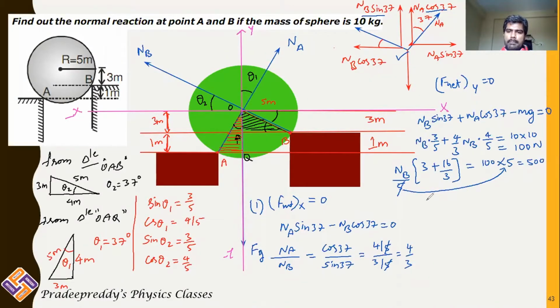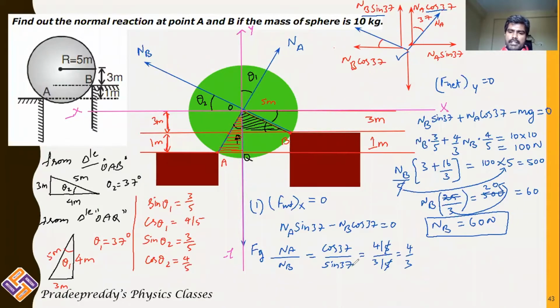Okay, so NB into 3 is 9, 9 plus 16 is 25, divided by 3 is equal to 500. 25 20s 500 and this 3 goes to the other side. This 3 multiplied with 20 gives you 60. Therefore, normal reaction NB is equal to 60 Newton.